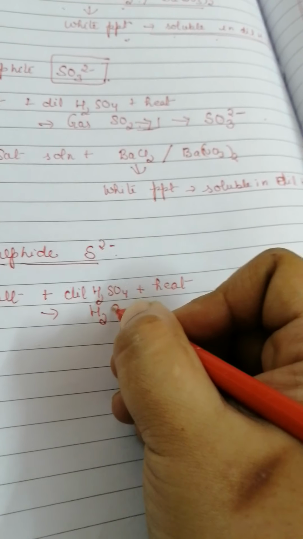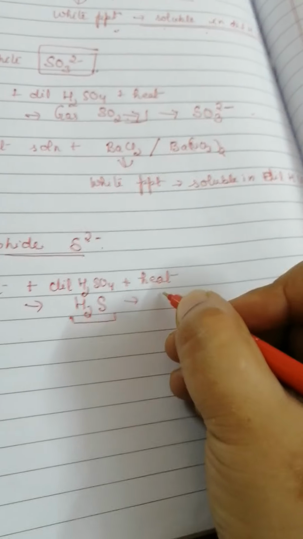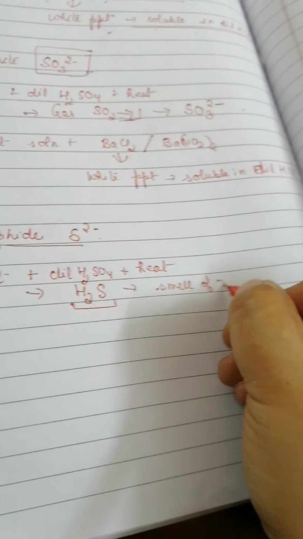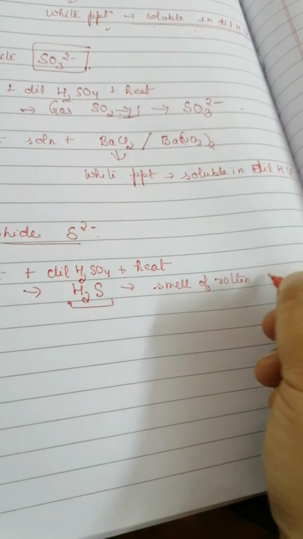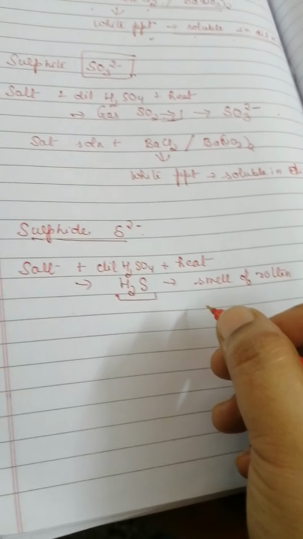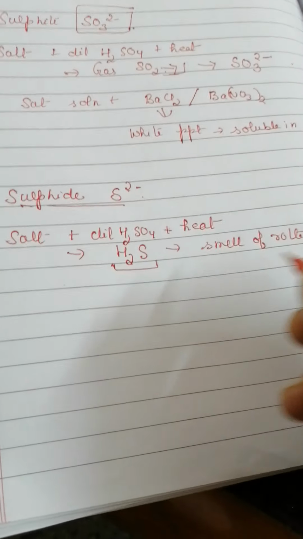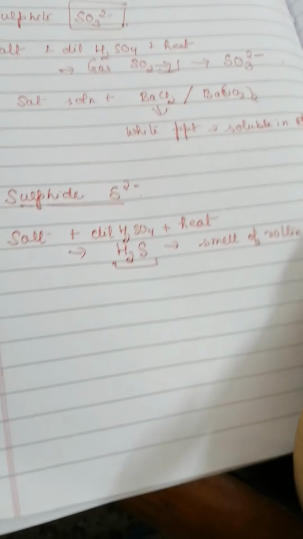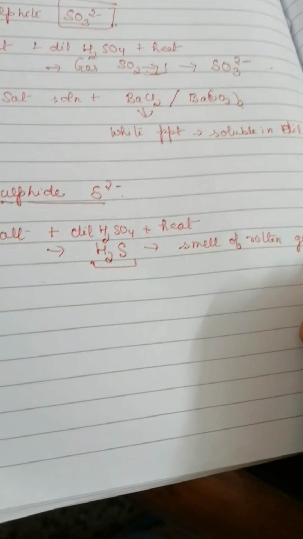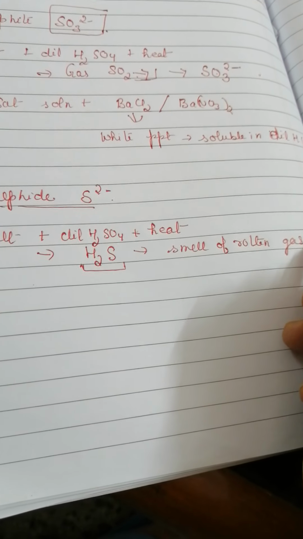H2S is a gas with the smell of rotten egg. It's a very prominent observation for H2S. So in case a gas with the smell of rotten egg is evolved, the anion is the sulfide ion, that is S2 negative.